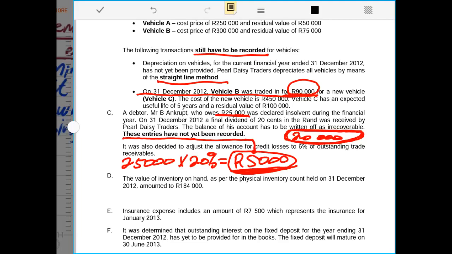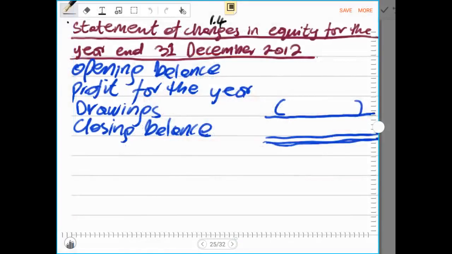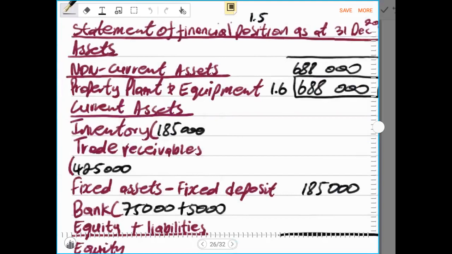So now hence we have to go to our statement of financial position under our trade and other receivables, and we reduce our debtors by the total of 25,000 rands, because another portion was received and another portion was declared to be never received. Therefore, for that reason, we subtract our trade receivables by 25,000 rands, because this amount was still inside our total debtors.